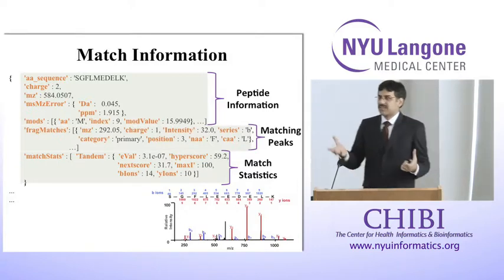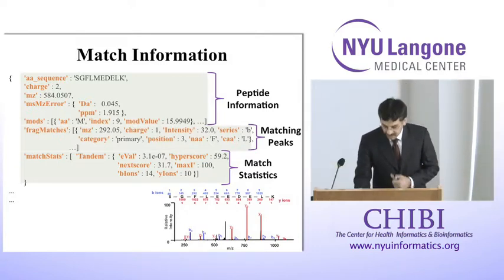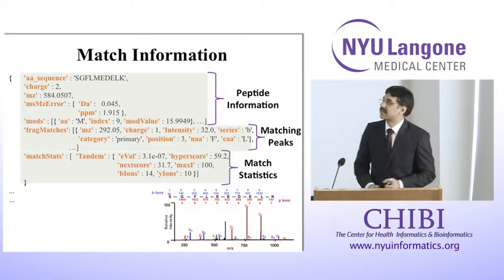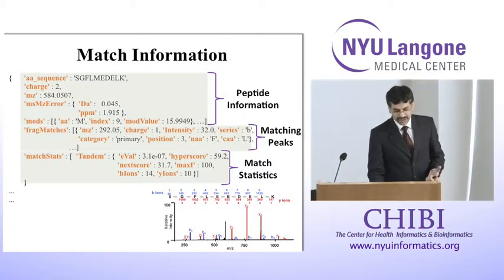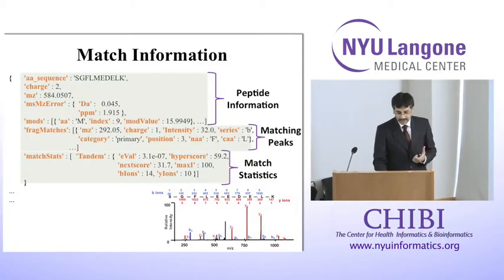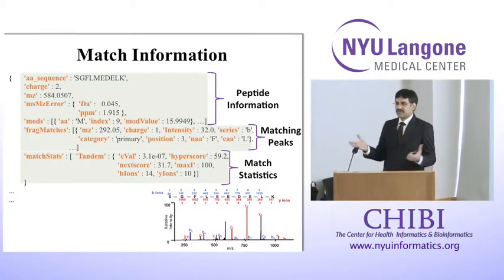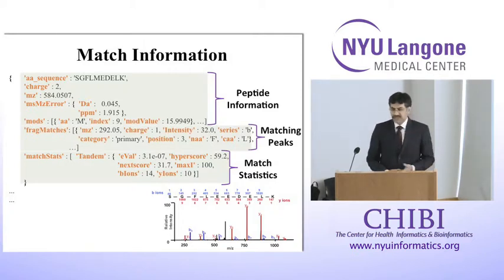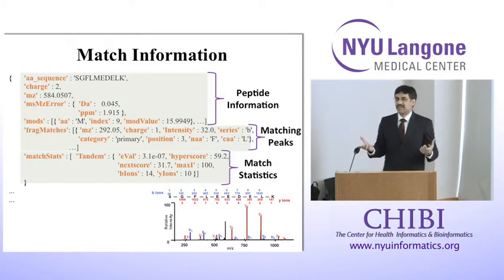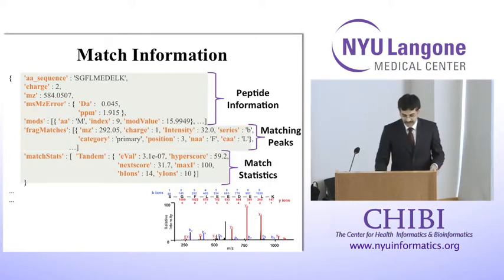So now once we have this match between a peptide and spectrum, we get more pieces of important information. So we have more information about the peptide. So we have the amino acid sequence, charge state, mass to charge, theoretical. What error this peptide had in mass to charge terms, what modifications it had, some information about the matching peaks, which fragment ions got matched with what intensities, and some other characteristics.